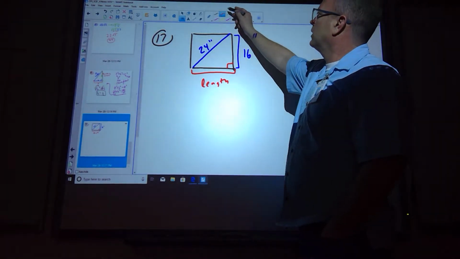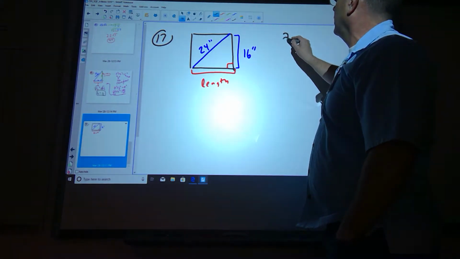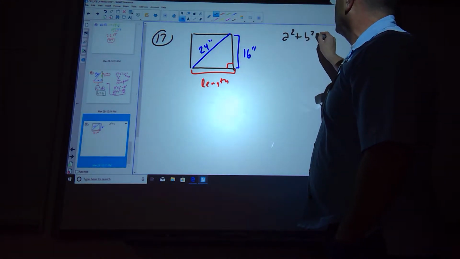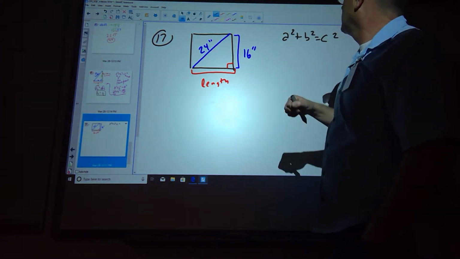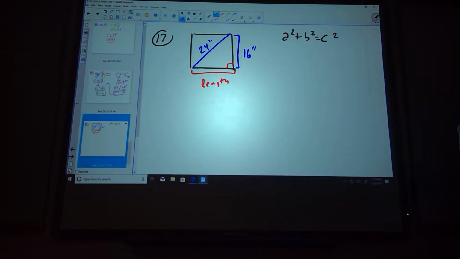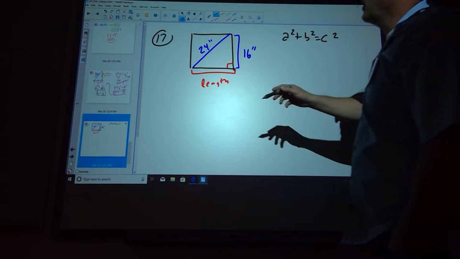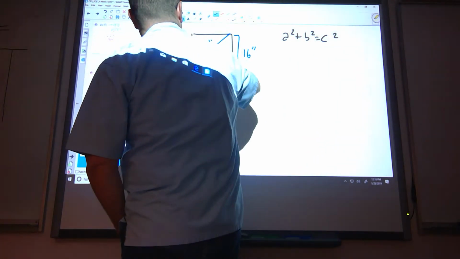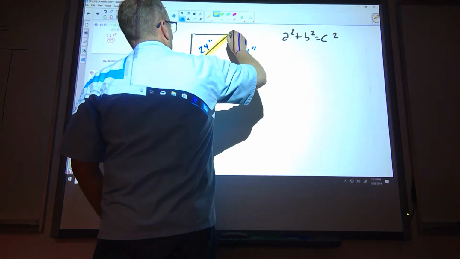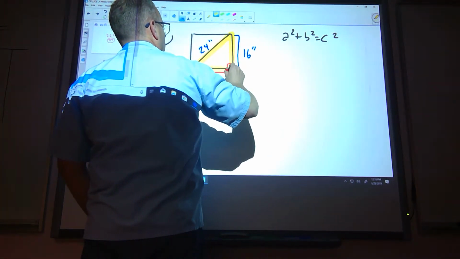Okay, so I know the Pythagorean Theorem is a squared plus b squared is equal to c squared. So is 24 the hypotenuse? Is it the longest? Yeah, sure is. Because we're not really worried about the whole TV now. We're worried about just this triangle right here.